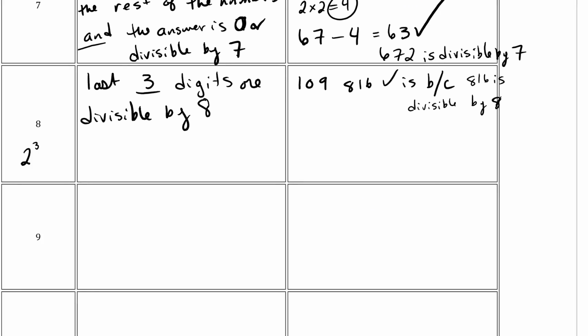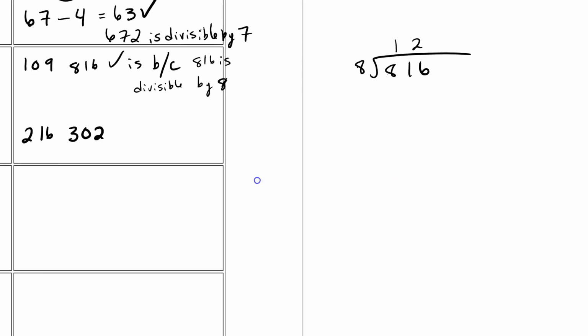So what about 216,302? Well, if I go off to the side and say 302 divided by 8, 8 goes into 3 0 times, so we look at 30. 8 goes into 30 3 times, and it has the remainder of 6.